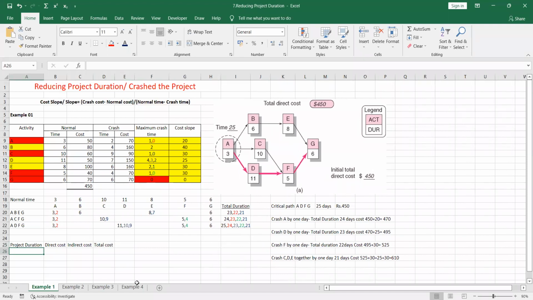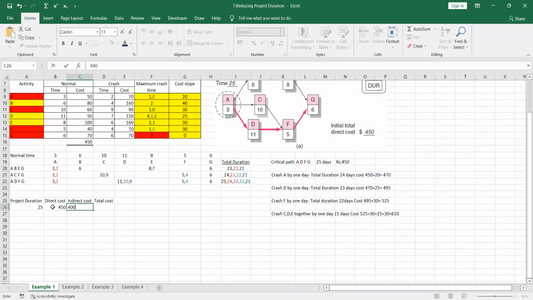So project duration is starting from 25 days. From that 25 days, direct cost is how much? 450, right? You have to assume this indirect cost; I will give you this indirect cost as 400. In the examination paper, you will be getting the indirect cost.